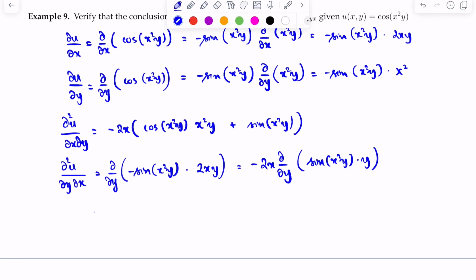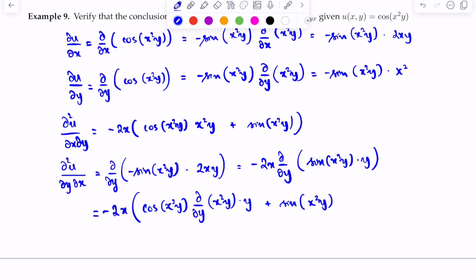Now you get negative 2x times partial derivative of the first function times the second plus the first function times the derivative of the second function. When you take the derivative of the first function, you need to apply chain rule, and you get cosine of x squared y times partial y of x squared y times y, which is the second function, plus this first function, sine of x squared y, times the partial derivative of y with respect to y.